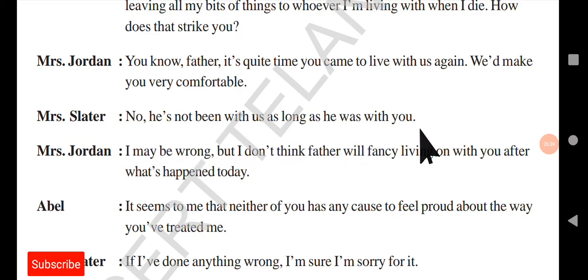They had divided their father, for example three years with the younger daughter and three years with the elder. The elder daughter says, no, he didn't live with us as long as he lived with you, so he has to be here only.